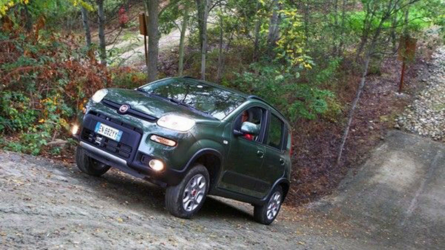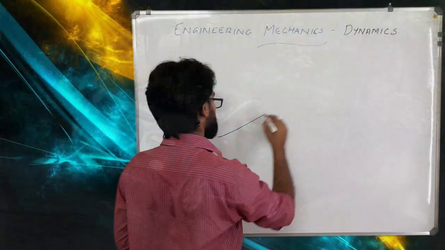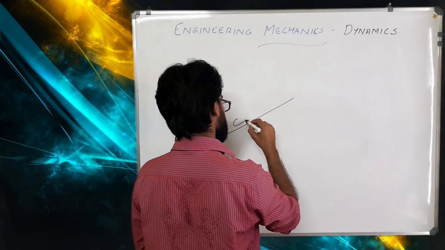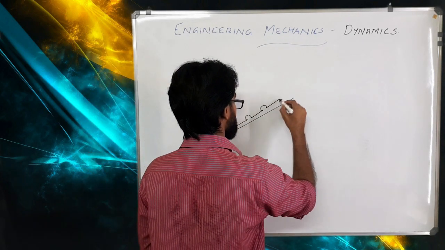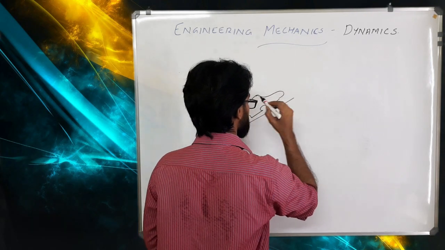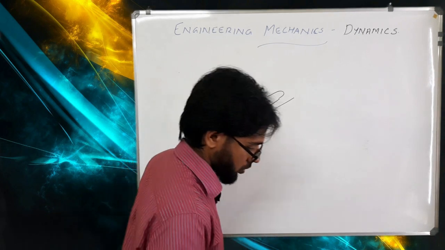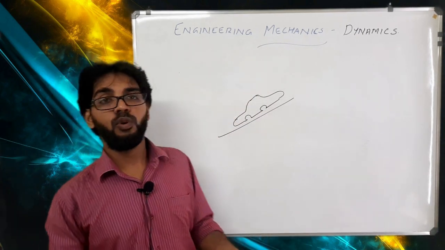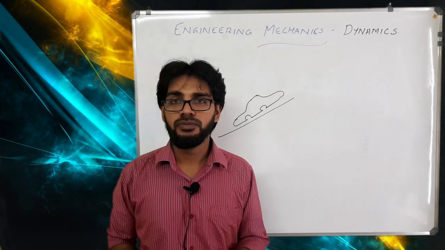Suppose I have a car that is traveling on a slope uphill as shown in this figure. I shall draw the corresponding car here. Now, I wish to know the parameters of the motion described by this car.